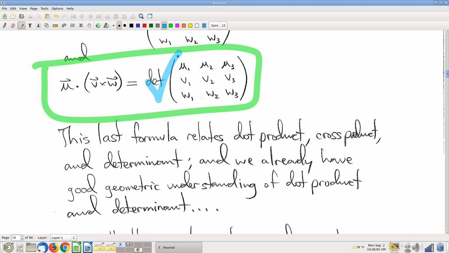It relates to volume. It relates to handedness, right? We understand the dot product pretty well, right? It relates to angles and lengths. These are all geometric things. We have geometric knowledge of everything in this picture except for the cross product. And so this is going to help us understand cross product geometrically.